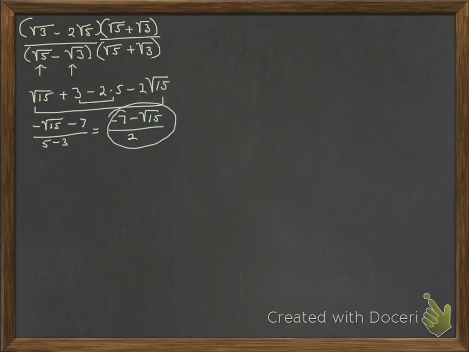Now, I tend to write the whole number first and then the radical. He wrote this as pulling the negative out because it's shared by both the first term and the second term. And so he wrote this as minus in front. I already have it here. And then square root of 15 minus 7.